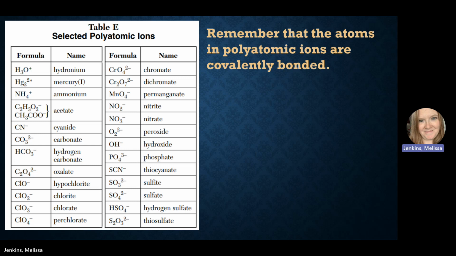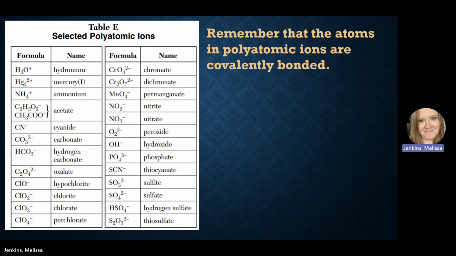But if we have sodium cyanide, inside the CN it's covalent bonds, but the attraction between this positive and negative is ionic. So sodium cyanide has both ionic and covalent bonds.